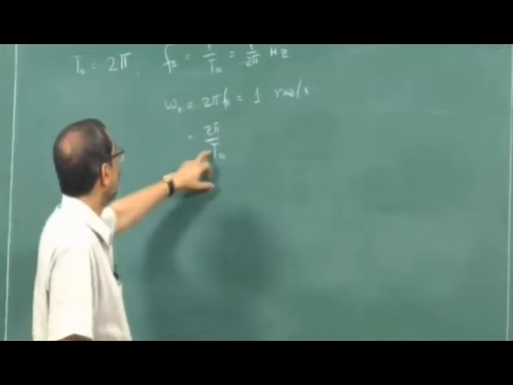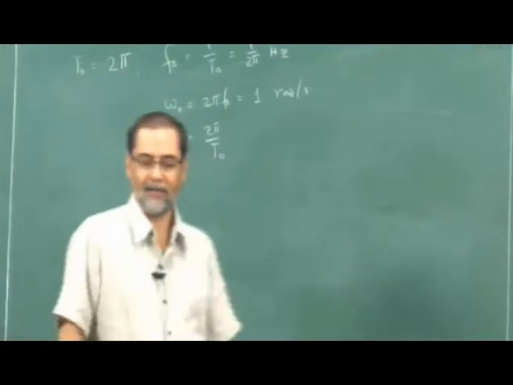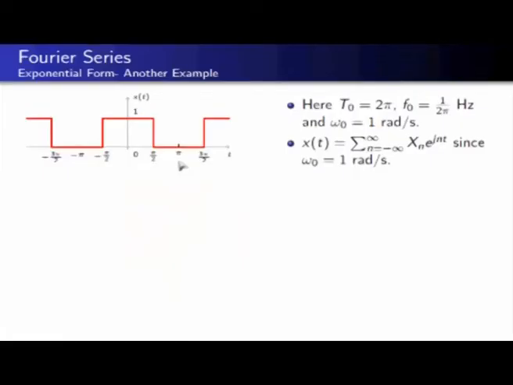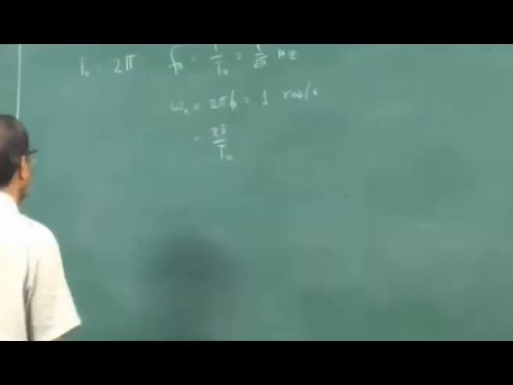T naught is 2 pi, so it is 1 radian per second. This is what I have tried to say in the text here. So T naught is 2 pi, f naught is approximately 1 by 2 pi, and omega naught is 1 radian per second. So I want to express this as a Fourier series in complex exponential format.